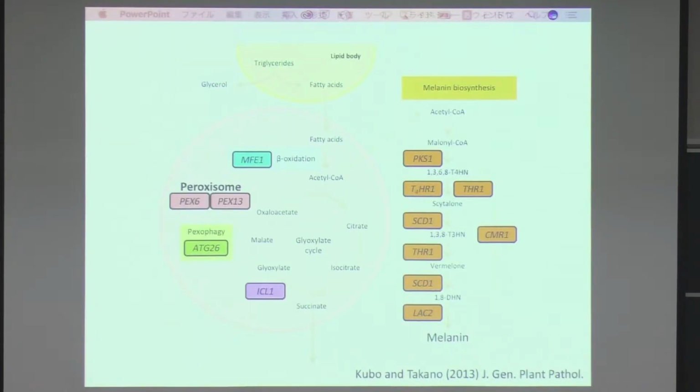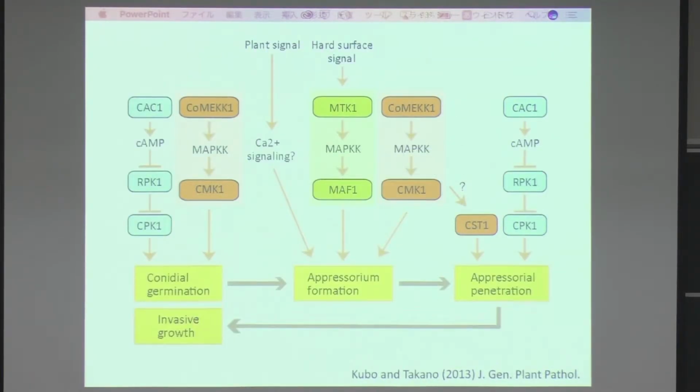Those factors include melanin biosynthesis genes and also peroxisome functional genes, and signal transduction pathways such as the cyclic AMP-dependent pathway and the MAP kinase pathway that are involved in conidial germination, appressorium formation, appressorium penetration, and invasive growth, respectively.